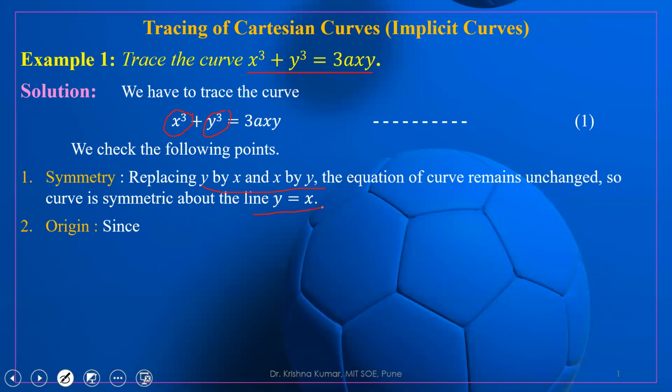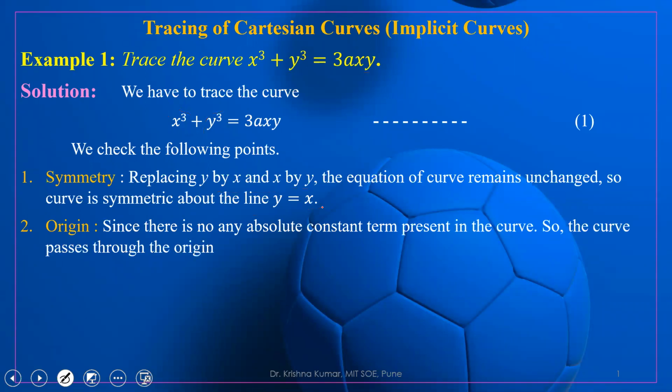Next thing is origin. Is any arbitrary constant present over here? The first term is a variable term, the second term is a variable term, the third term is a variable term. Since there is no constant term present in the given equation, the curve passes through origin. Now how to find the tangent at origin? Which is the lowest degree term here?